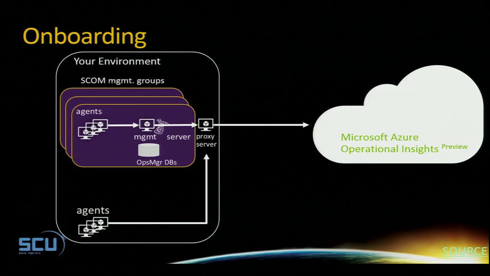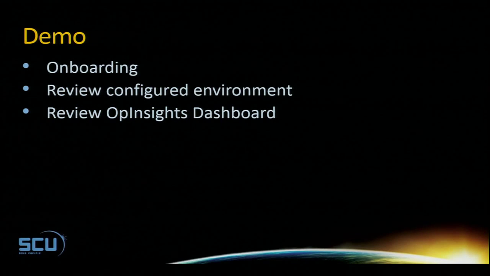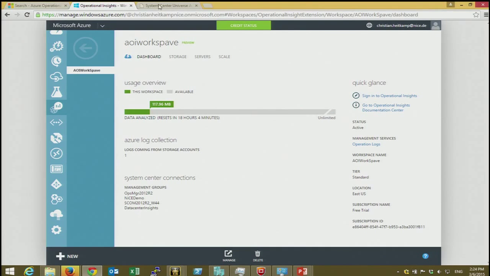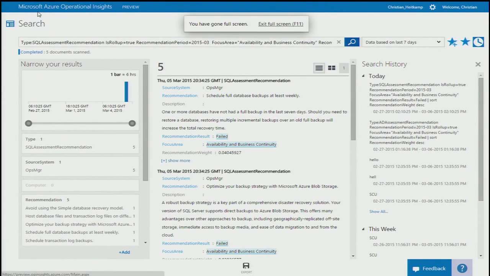You also don't need a proxy server if you have free access to the internet. So that also works. Okay, let's quickly go back and see what was happening here. So we are back to the portal.